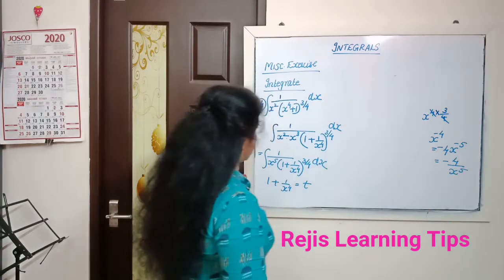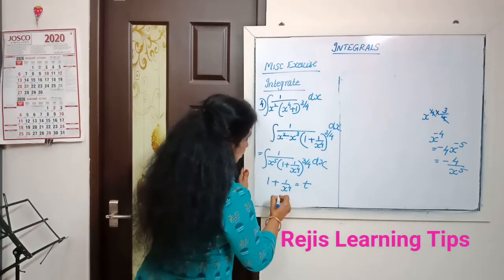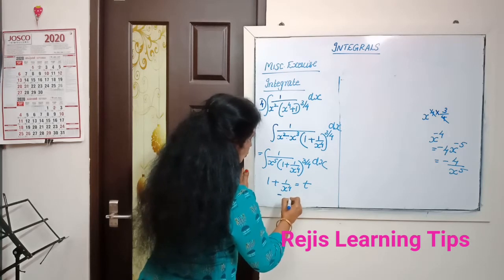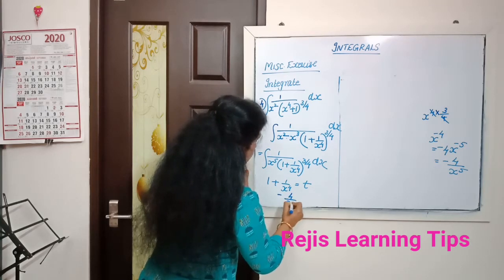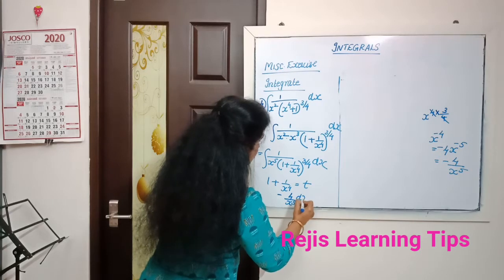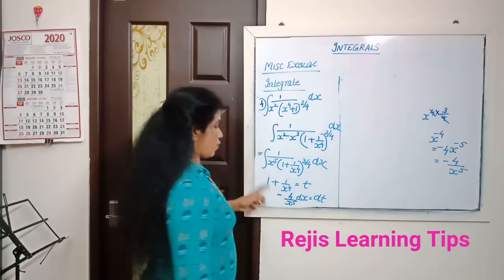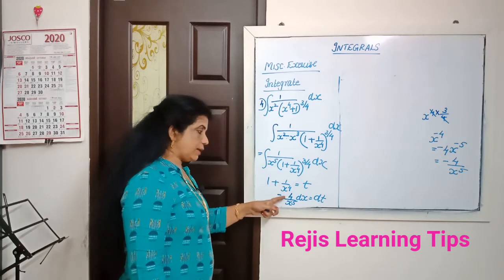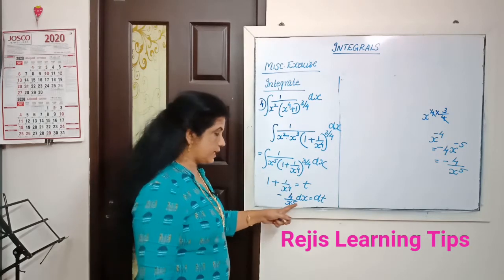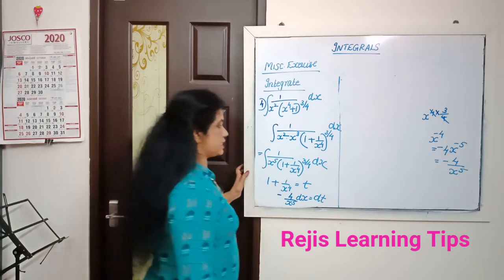So minus 4 by x raised to 5 dx is equal to dt.